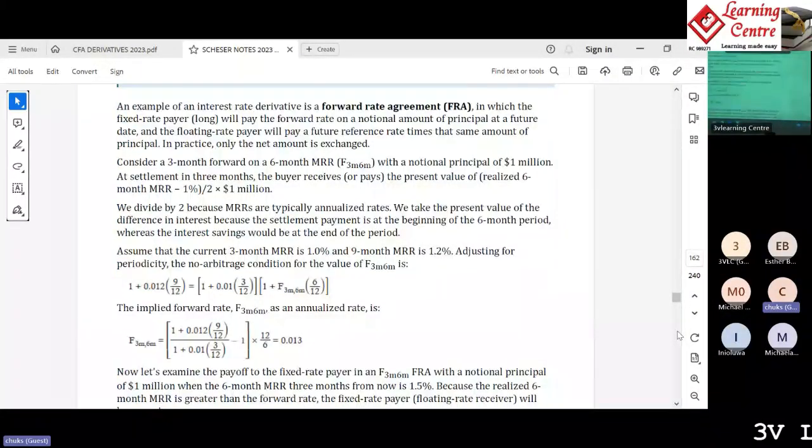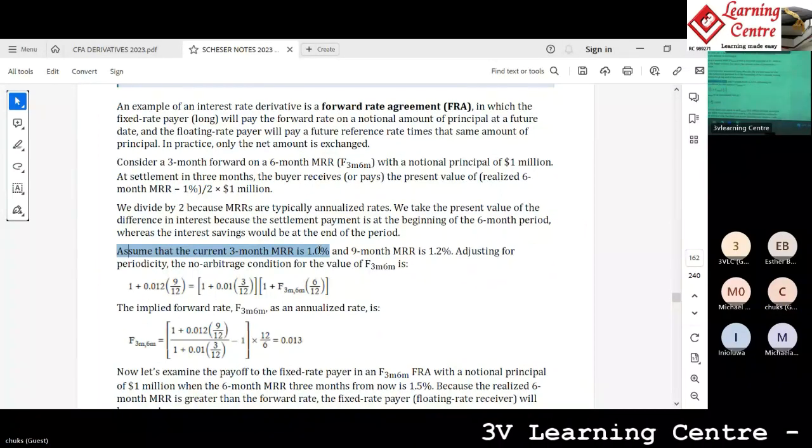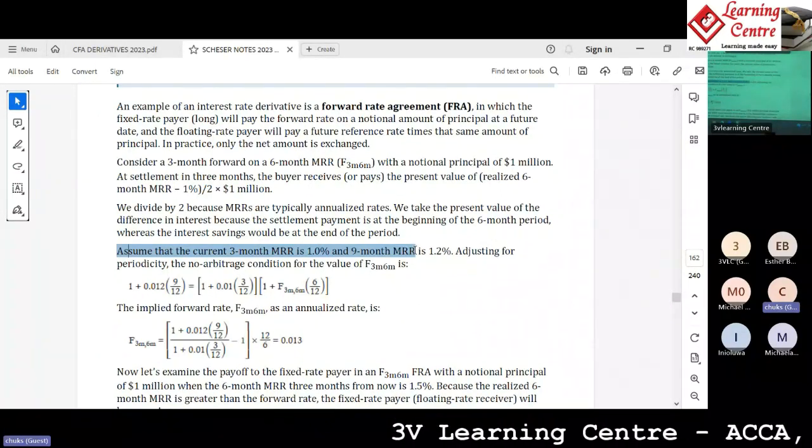So assume the 3-month MRR is 1.0% and the 9-month MRR is 1.2%.